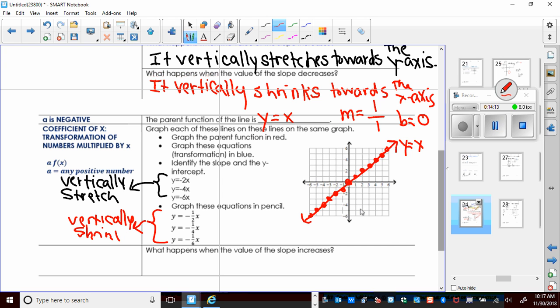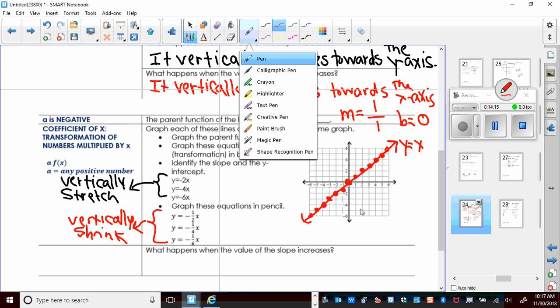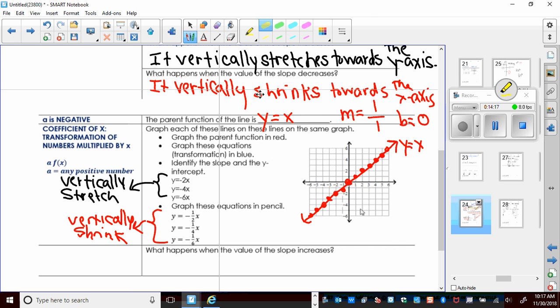So we're going to pick 2 things to graph here. y equals -4x. We're also going to graph y equals -1/6 times x.